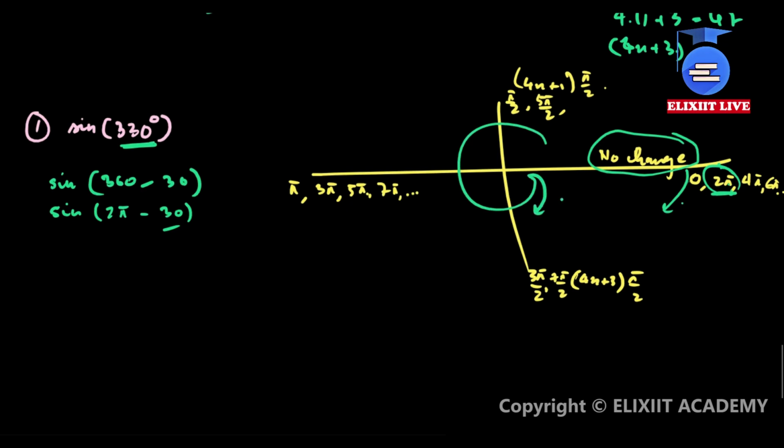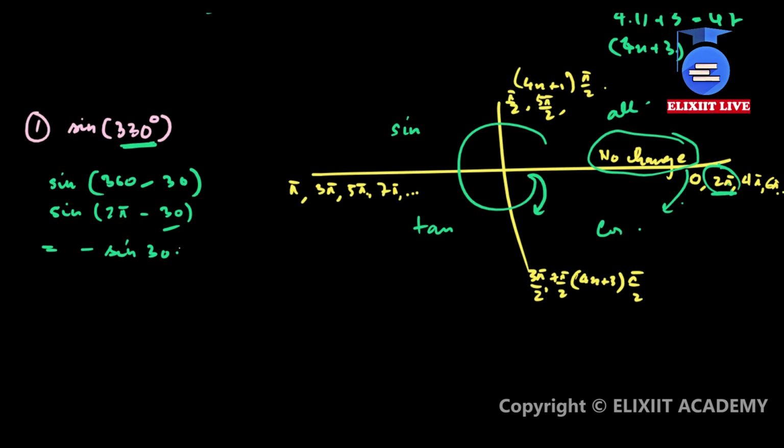So likewise in the fourth quadrant, the all sine tan cos rule must be very clear to you. In the fourth quadrant, what is positive? Only cos is positive. Sine is negative. But will there be a change? No change, because on the x-axis there is no change. So 2 pi minus theta will be simply minus sine 30.